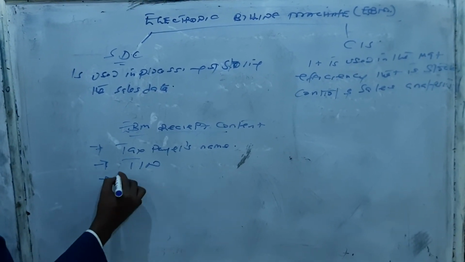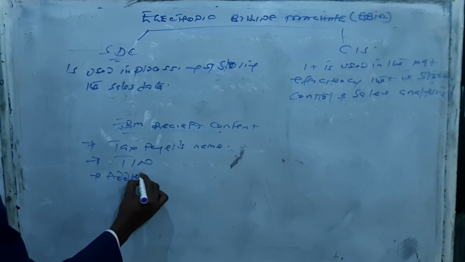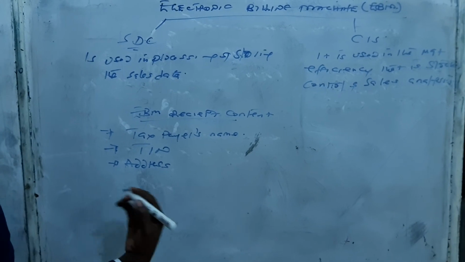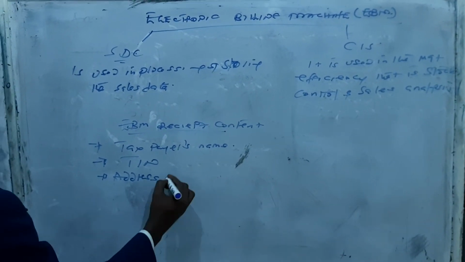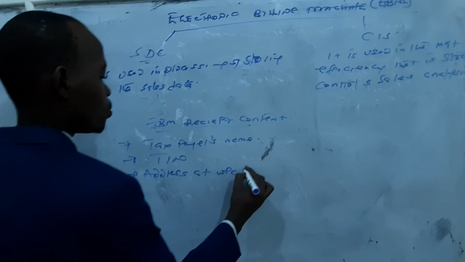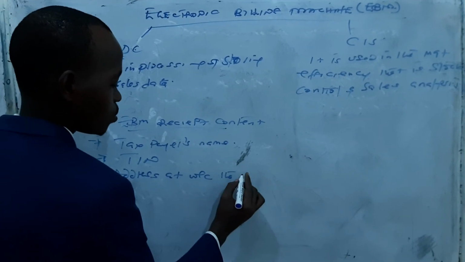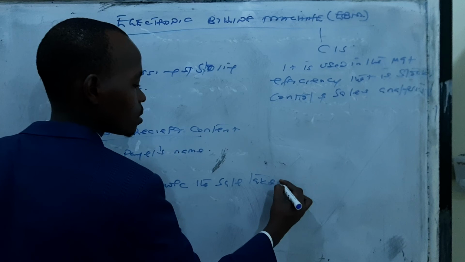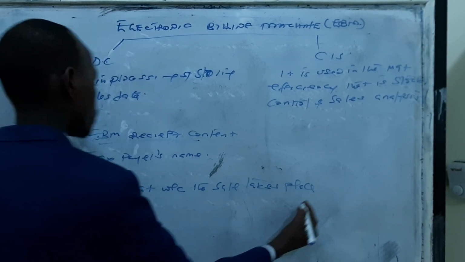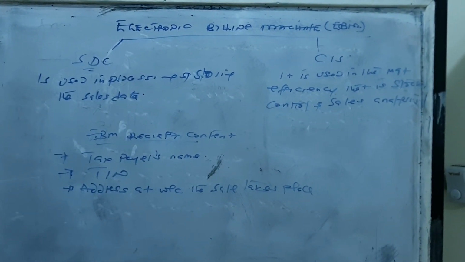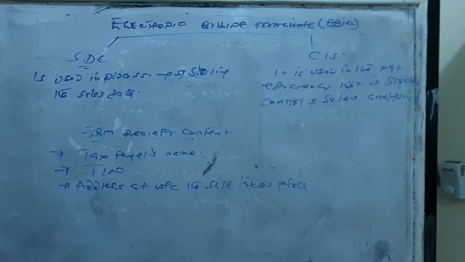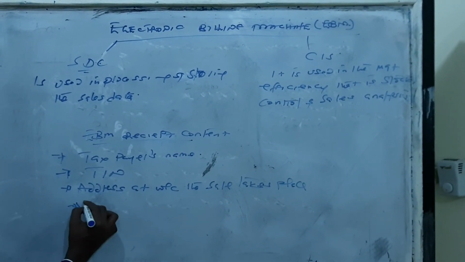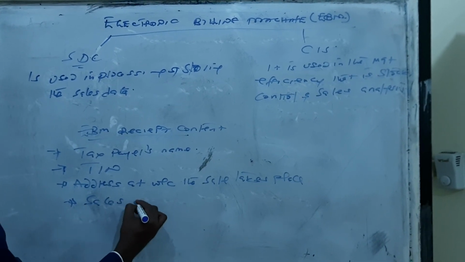Another thing you can find there is the address at which the sale takes place. You can also talk of the sales amount.